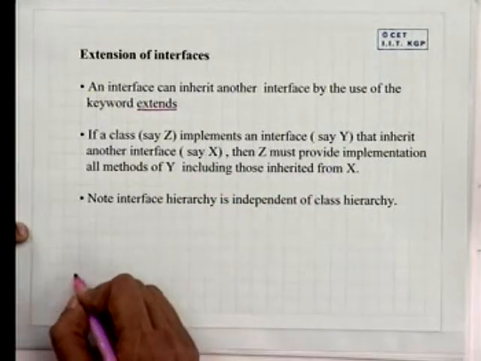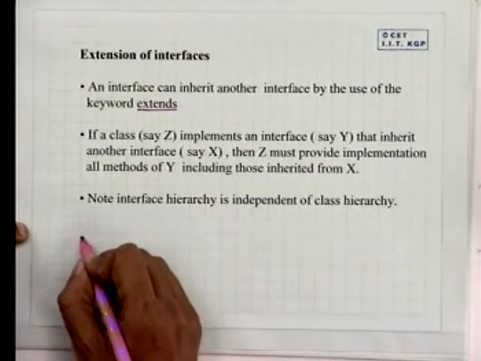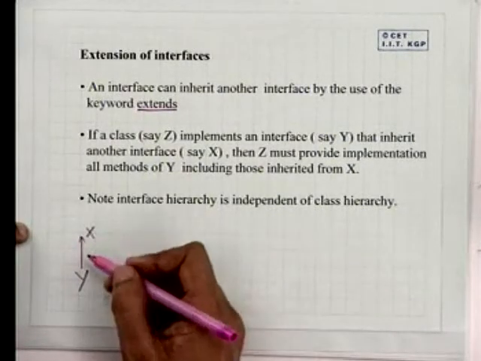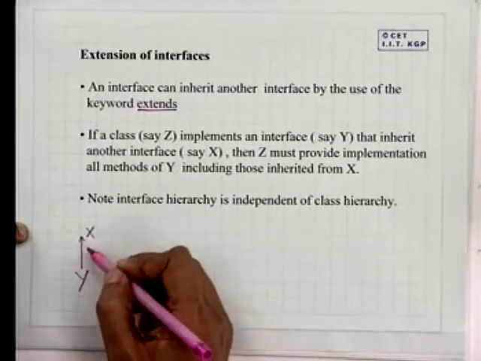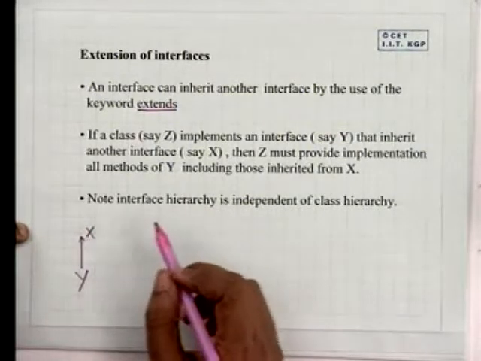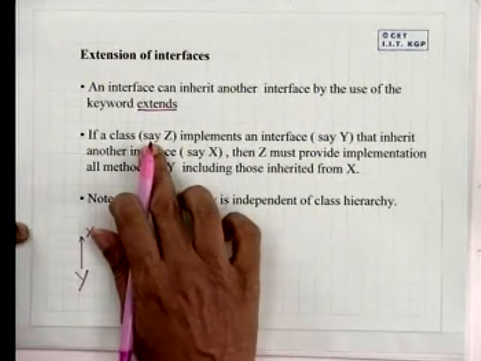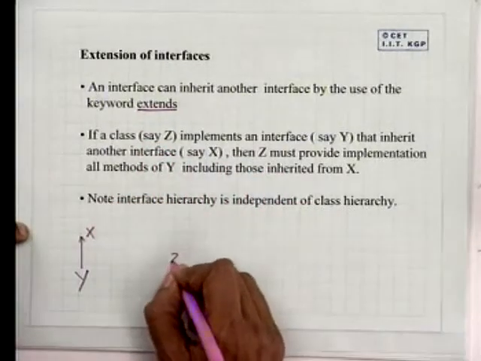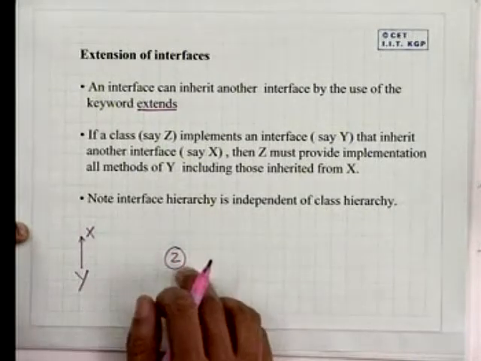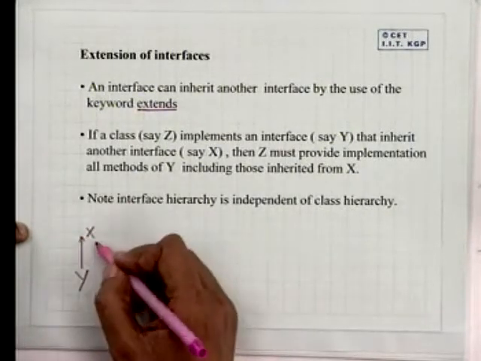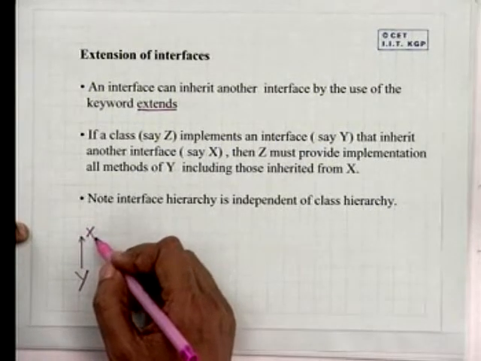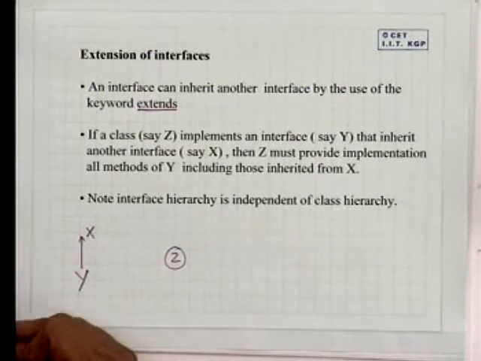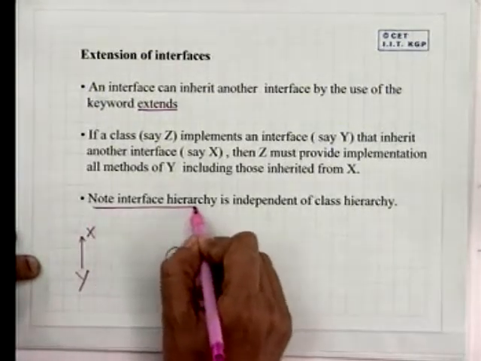So suppose I have this interface Y which has a super interface X, both are interfaces, and Y has extended X. Then if Z is another class which aims to implement Y, it must implement all the methods that Y has inherited from X, plus those methods which are defined extra in Y. So again, interface hierarchy is independent of class hierarchy.